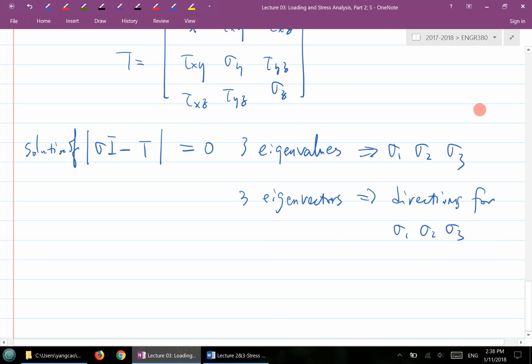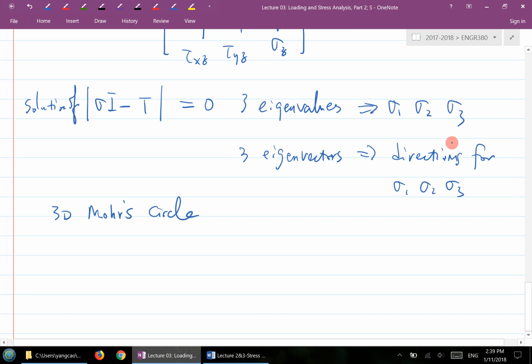Another thing, I'll show you an animation shortly. For 2D you have a Mohr's circle, and for 3D you also have a 3D Mohr's circle. So very quickly, what is the Mohr's circle corresponding to a 3D state of stress? Very simple.